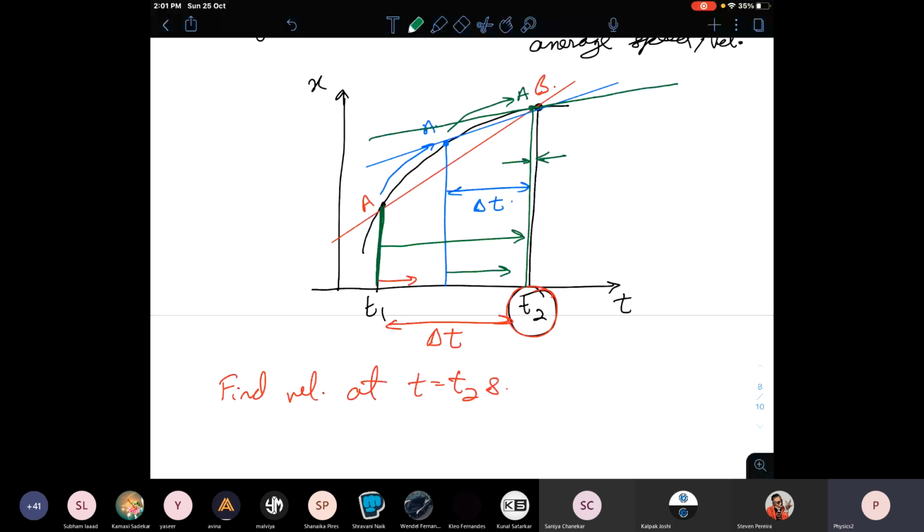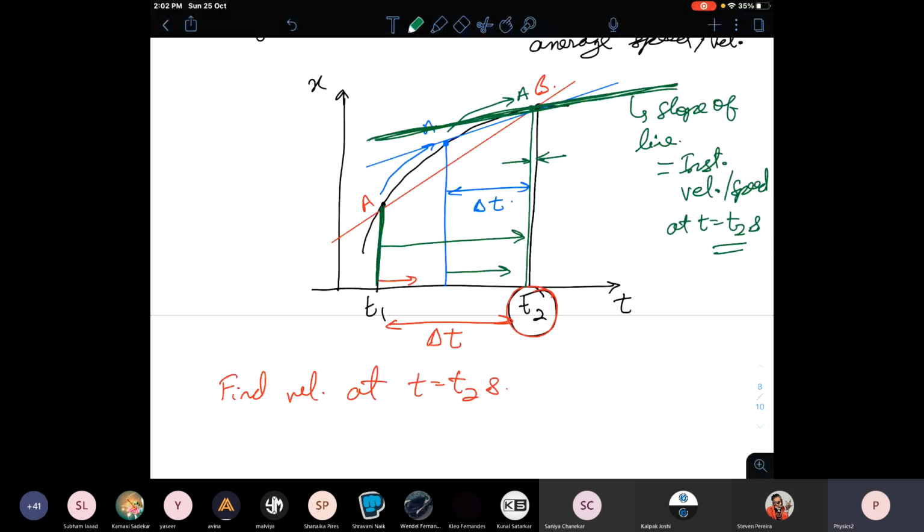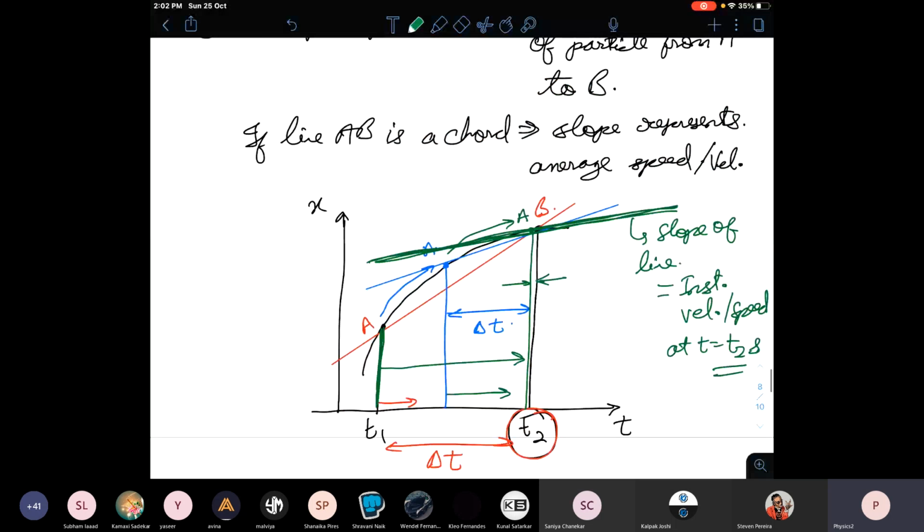This green line, which is tangent to the graph, is now showing instantaneous velocity at point B. The slope of this line is representing the instantaneous velocity or speed, whichever you want, at t equal to t2 seconds. Slope was representing speed or velocity earlier also.